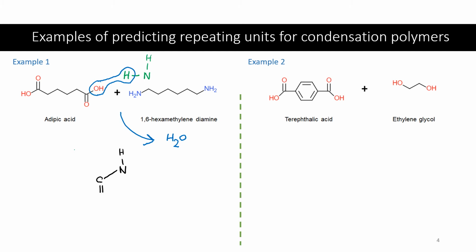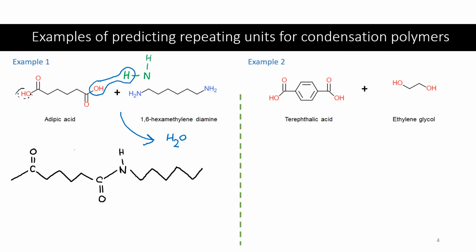So here's the carbon with the carbonyl group, and you have the rest of the molecule, and here we have again 6. 1, 2, 3, 4, 5, 6, and at the end there's the carbonyl group, and at this end this OH can participate with another 1,6-hexamethylene diamine, eliminate a water molecule, and keep growing in this direction.